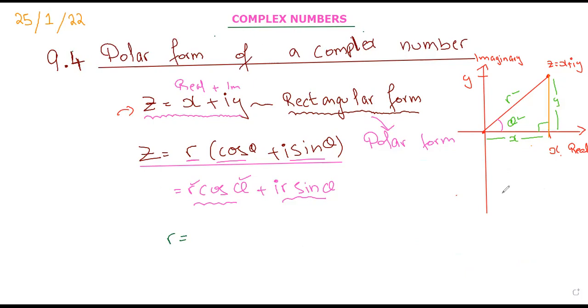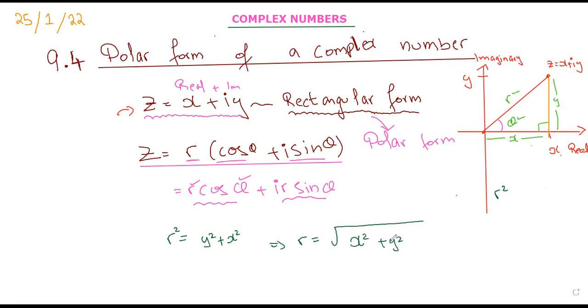Wait, I want you to use the Pythagoras theorem. So how do we do it? Square of the longest side equals the sum of squares. Yes, y square plus x square equals r square. Very well done.